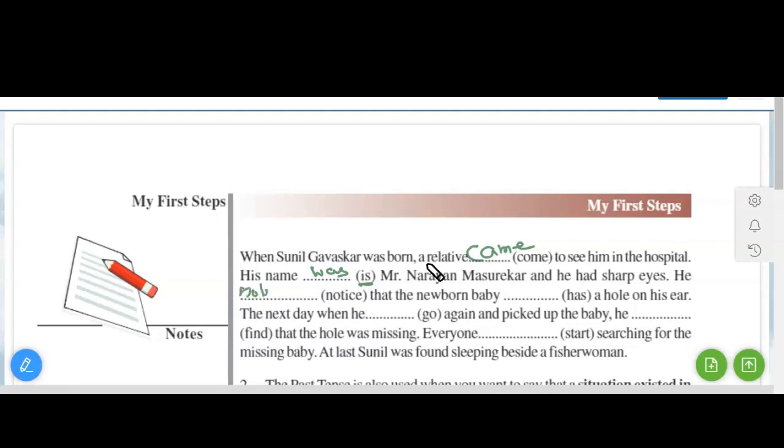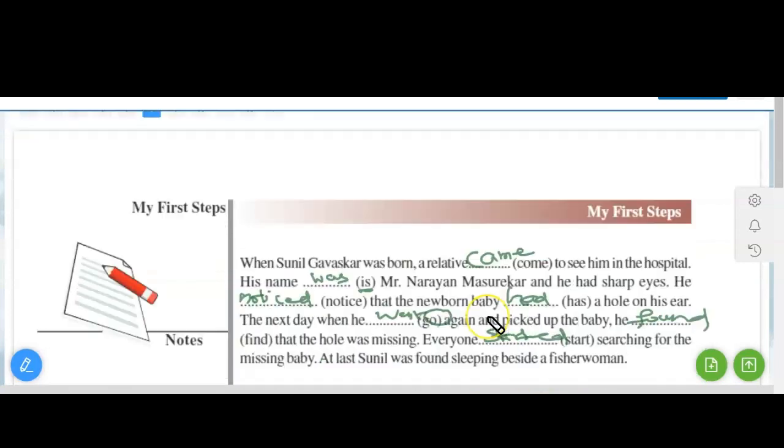He noticed that the newborn baby had a hole on his ear. The next day when he went again, go's past form is went, picked up the baby, find becomes found, that the hole was missing. All these activities happened in the past. Everyone started, add ed, searching for the missing baby. At last Sunil was found sleeping beside a fisherwoman. So nothing else is converted to its past form.